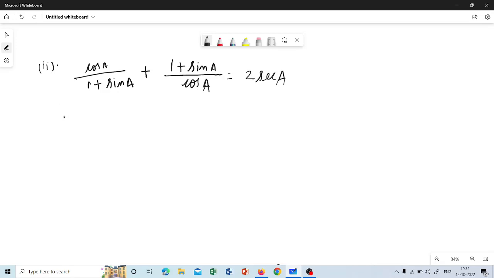So now we will begin by taking the LCM. There are no common terms, so I have to multiply directly.